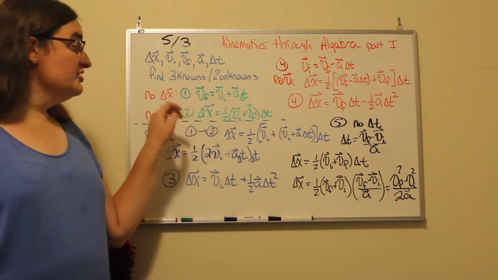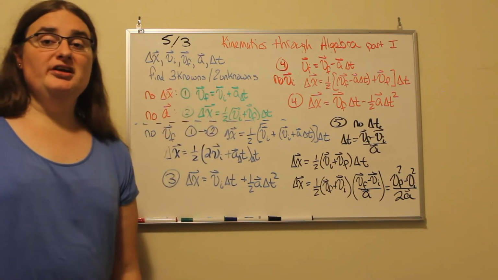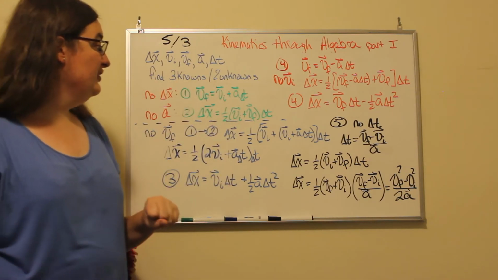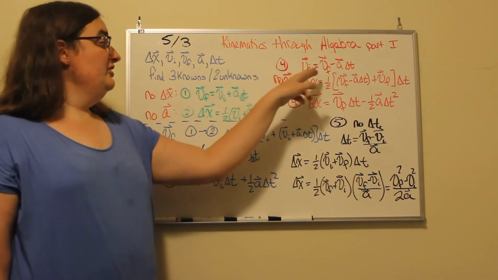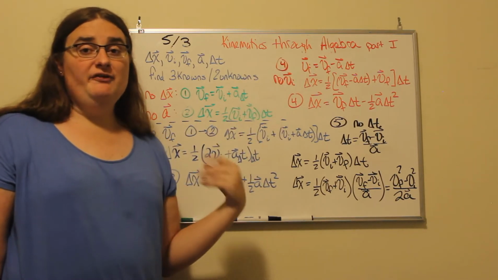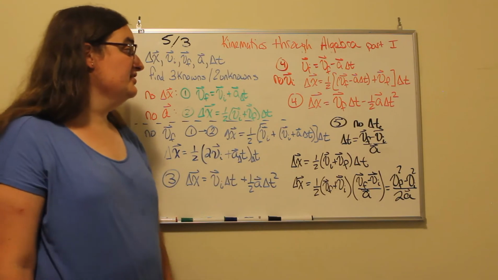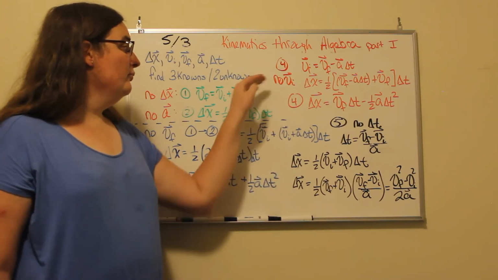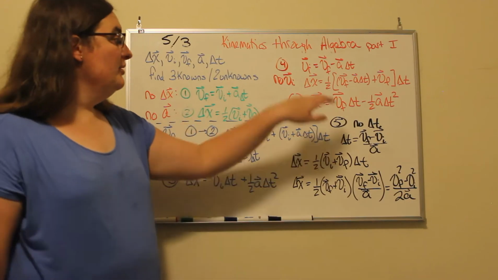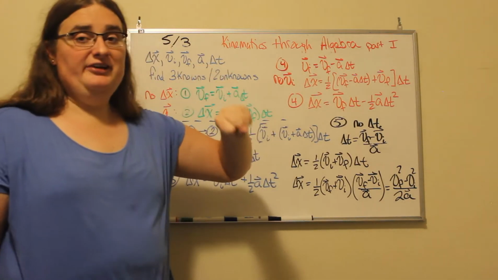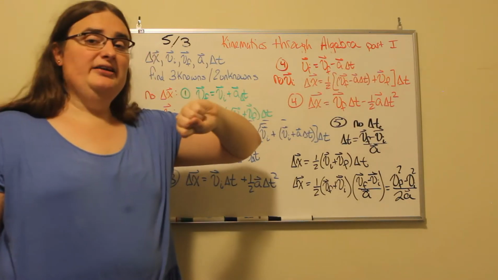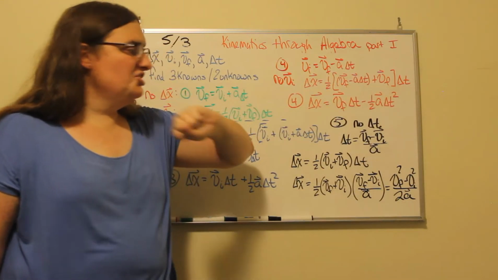Well, I could have just as easily substituted in what v initial would be. For v final equals v initial plus at, v initial then would just have to be v final minus acceleration times time. And my displacement then, without v initial, would be 1/2 times v final minus acceleration times time plus v final times my change in time.